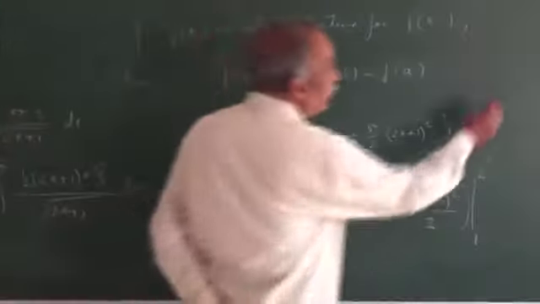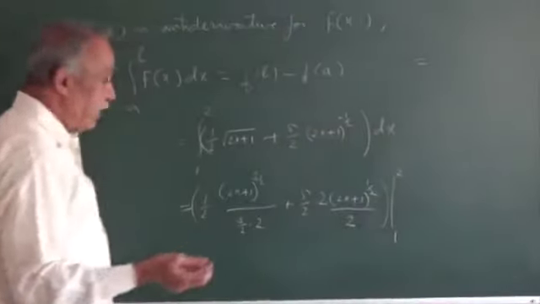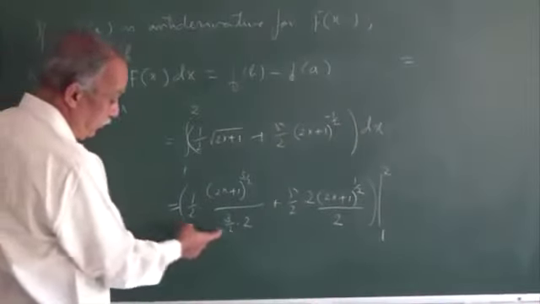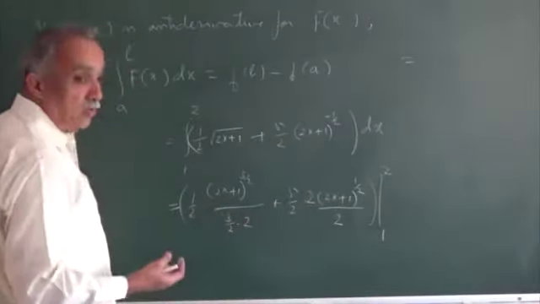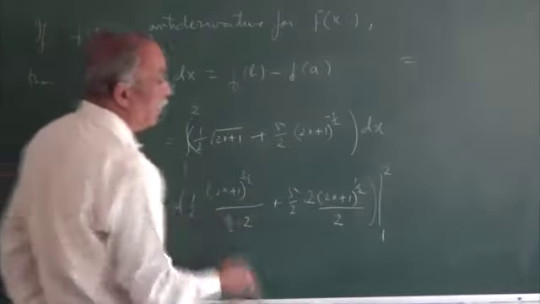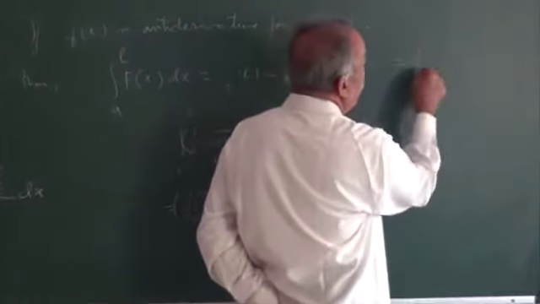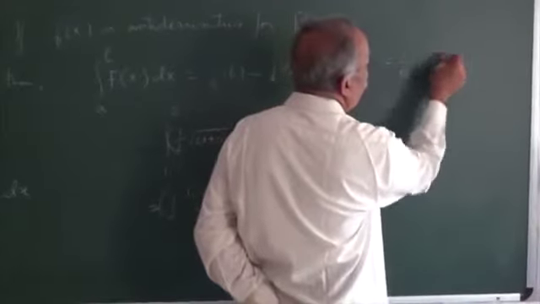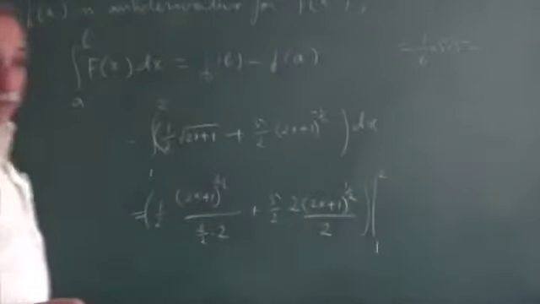Applying the limits at the upper limit, 1 by 6 of this will be 5 to the power 3 by 2. Agreeable?